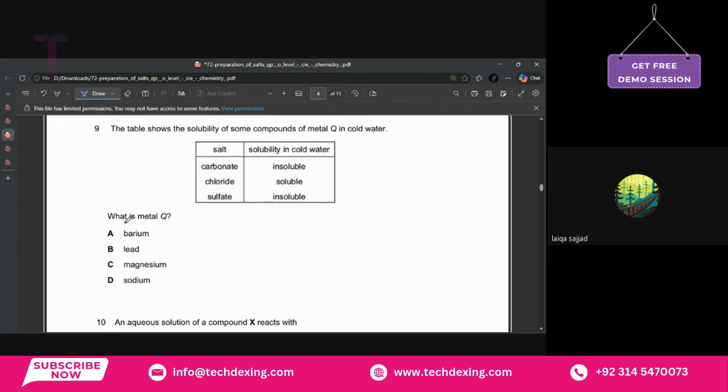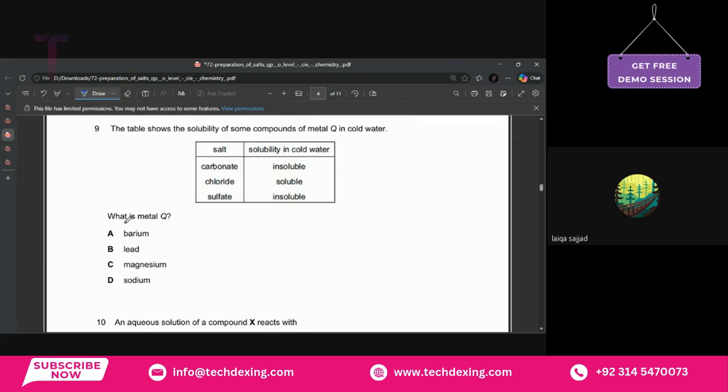Is it barium, lead, magnesium, or sodium? You can evaluate the options one by one.